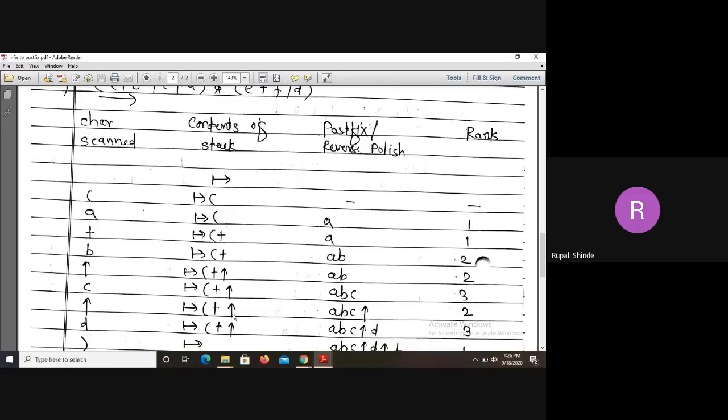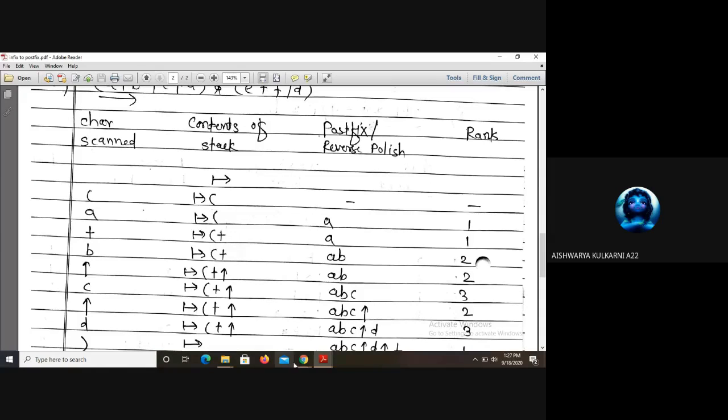That's why we have to pop one exponential out of the stack and write it here. Only then can we place this new exponential onto the stack. Now the stack contains the opening bracket, plus and exponential, and the postfix form is ABC exponential. So the rank is 3 minus 1, which equals 2. Have you understood why we took this exponential out of the stack? Because this is a very important step. Have you got it?